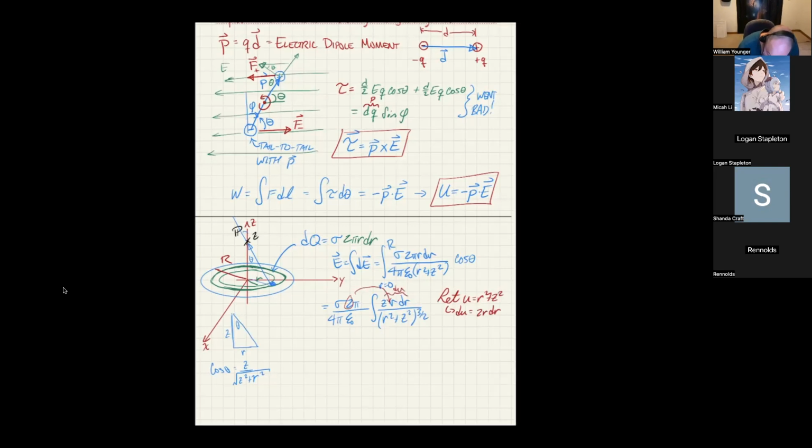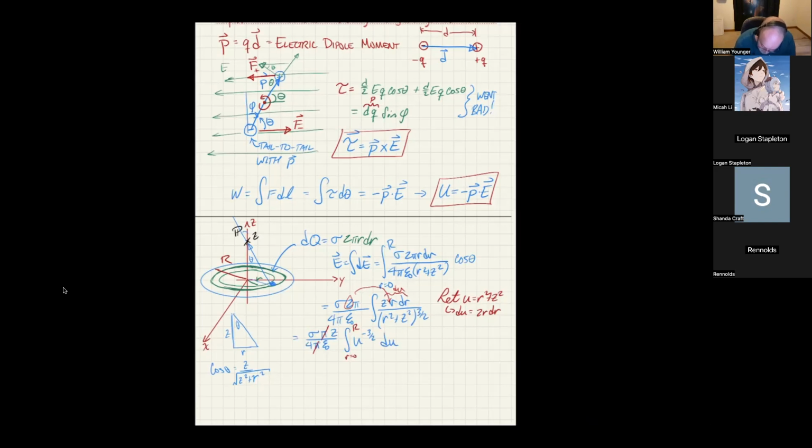So now I'm going to have sigma pi z over 4 pi epsilon naught integral u to the negative 3/2 times du. You can see the pi cancels out here. That's helpful as well. And I'm going to integrate this from r equals 0 to big R.